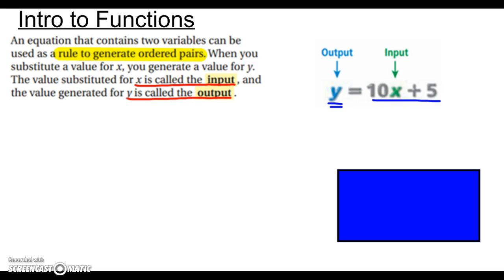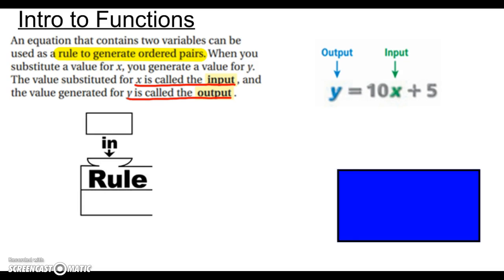And what ends up happening is you come up with these coordinates that you can graph, and there are an infinite amount of x's you can plug in to get an infinite amount of y's. We would still get the same graph, as you'll see, but we could all come up with different points or different inputs and outputs that go with those.